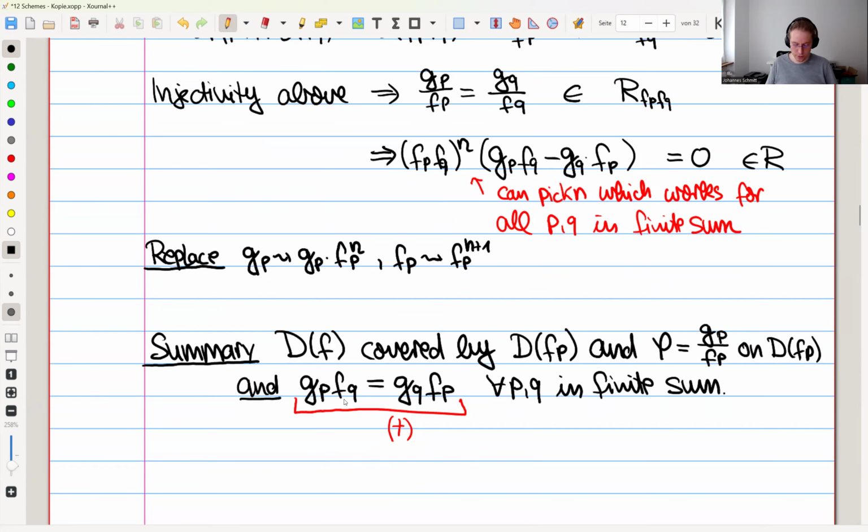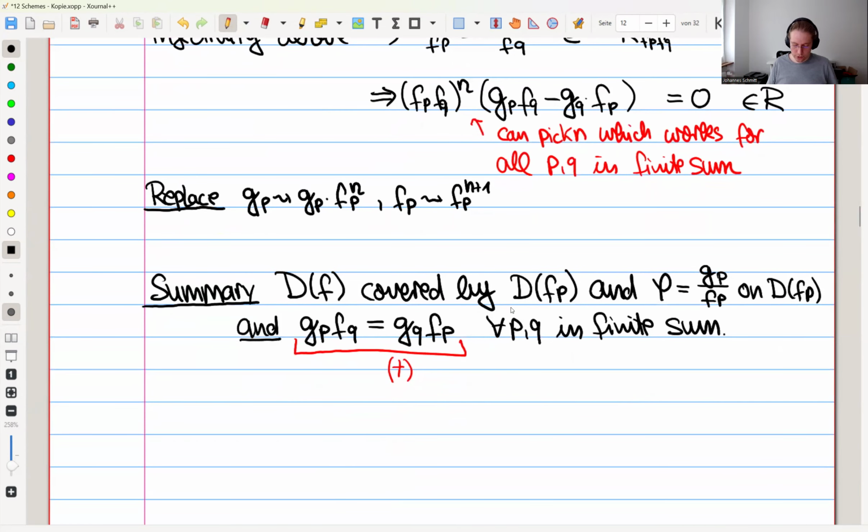The product of these new numerators and denominators is equal to this thing here. So this df is now covered by these finitely many dfp with this representation here, such that these and these agree for all elements in this finite sum.